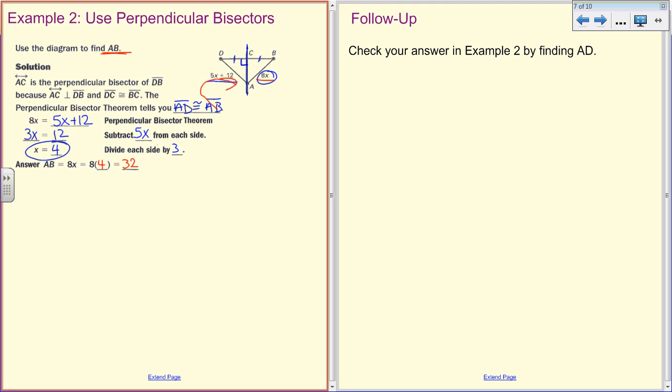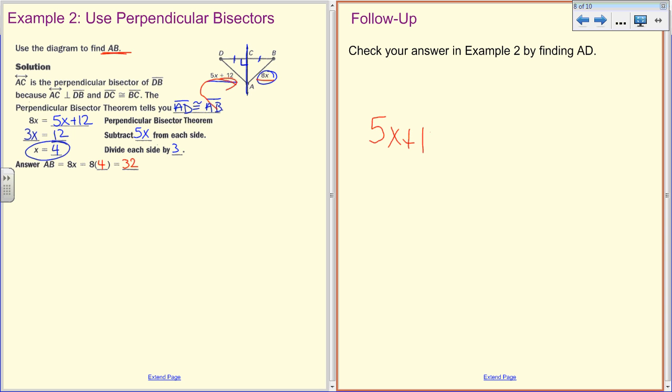So they want you to take 5x plus 12, knowing that x equals 4. My board's messing up here, guys, so sorry about that. They want you to find out what that actual length of AD is.